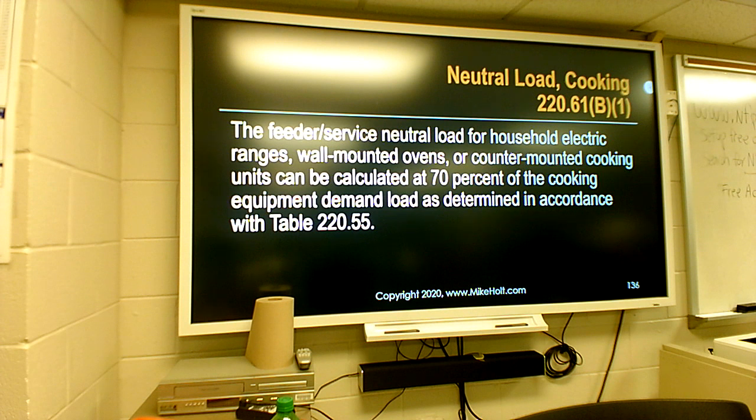Let's keep reading to see where they're going with this, because the 70% is not shown directly on 220.55 in that chart that I'm seeing right now. I'm not seeing a direct reference to it for neutral load.